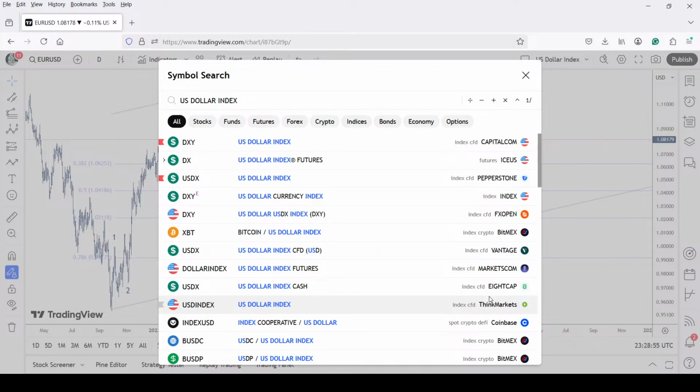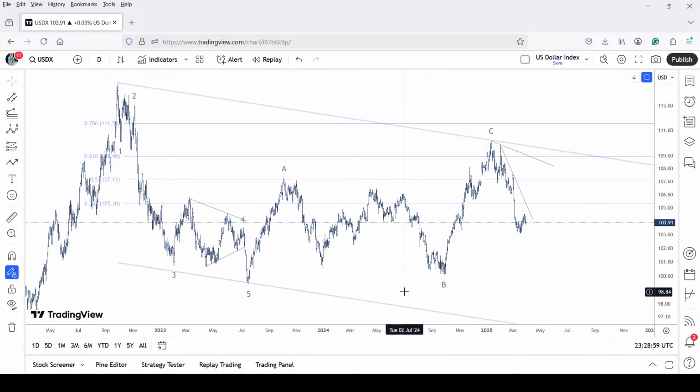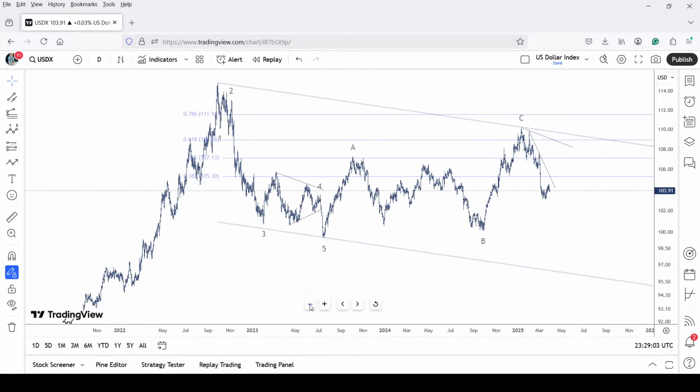So the US dollar index daily chart is also telling us a story, but that's on the south side. It's a classic Elliott wave pattern, 5 down followed by 3 up. There you are.